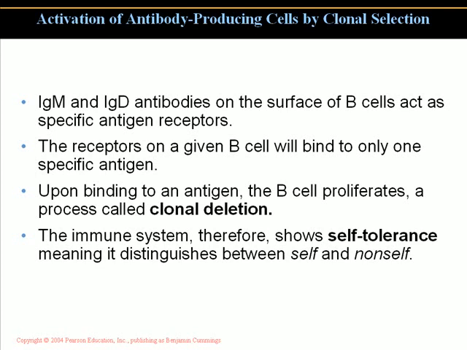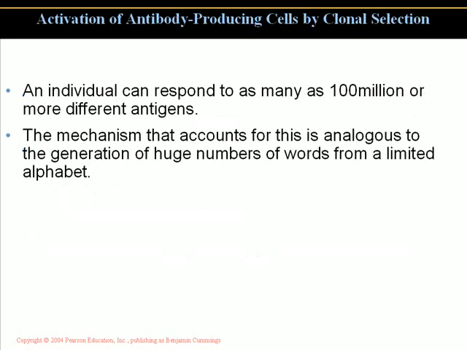The immune system therefore shows what's referred to as self-tolerance, meaning that it can distinguish itself from another organism. So self and non-self are very important in being able to recognize these substances. So the immune system, again, is self-tolerant. You should be familiar with that term.